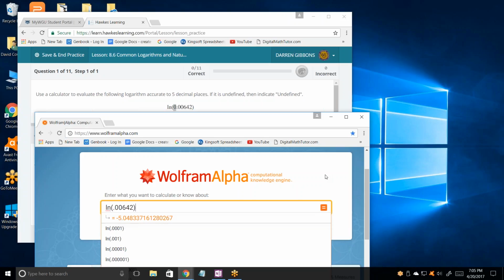Most calculators have typically had those two keys only. In other words, if you want to take log base 7, it's hard to do on a normal calculator. But most calculators will have a common log key and a natural log key. When you put in natural log, did you get this number, minus 5.04833? I did. Okay, cool. You did it right.